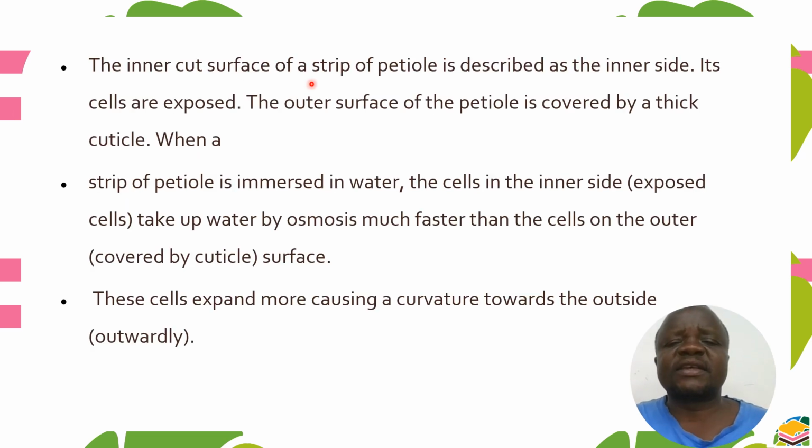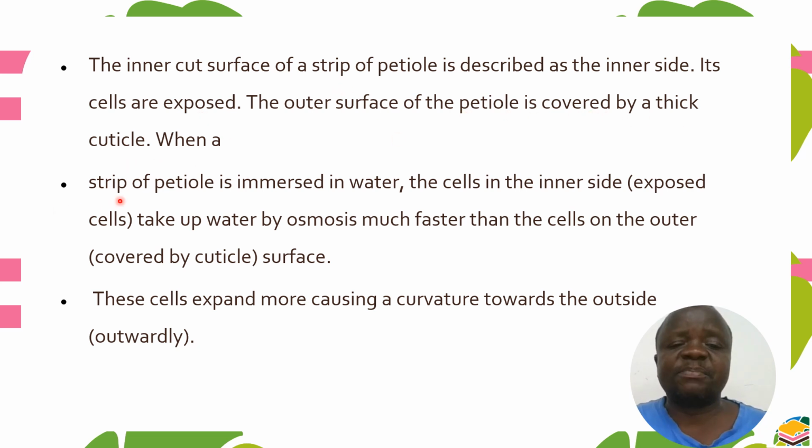Now let us look at the explanation that is based on what we have done under the procedure. The first one is the inner cut surface of the strip of petiole, which is described as the inner side. Its cells are exposed because you had to cut them lengthwise. The outer surface of the petiole is covered by a thick cuticle.